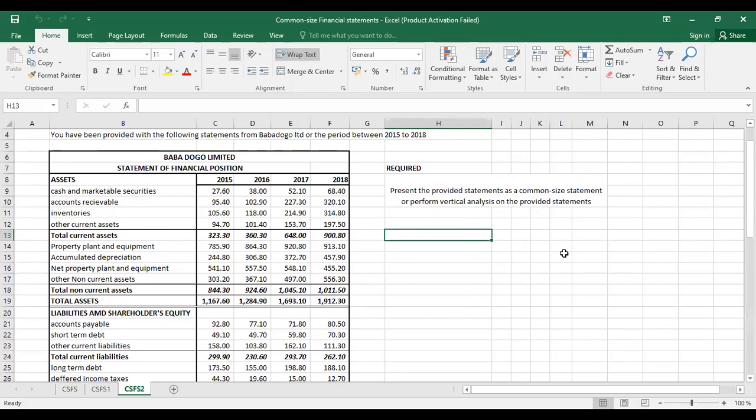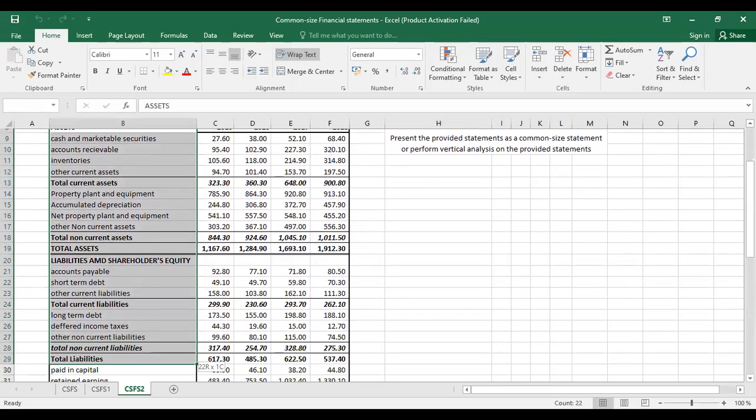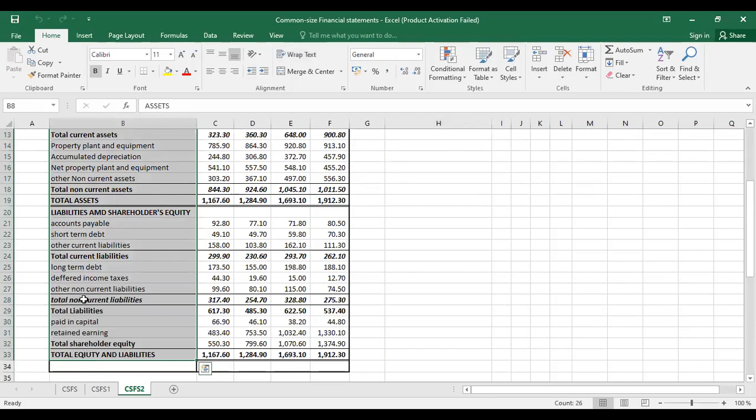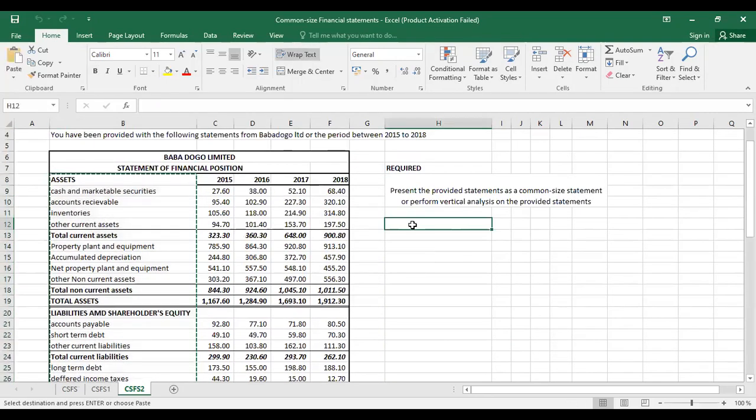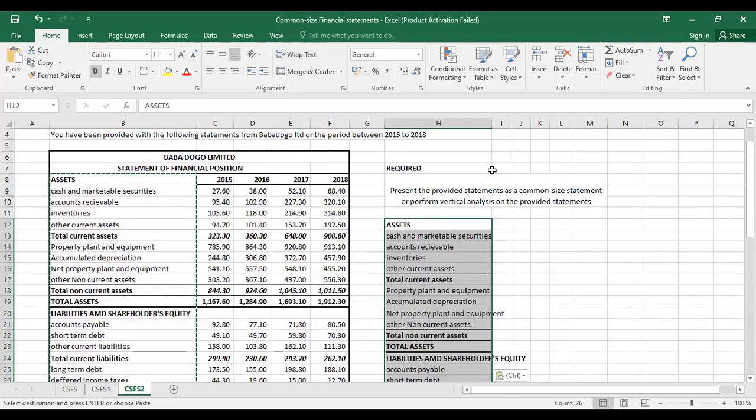I told you common size is also known as vertical analysis of financial statements. So you just copy the entries. This is also a very simple concept. It's more of the introductory part to forecasting financial statements.